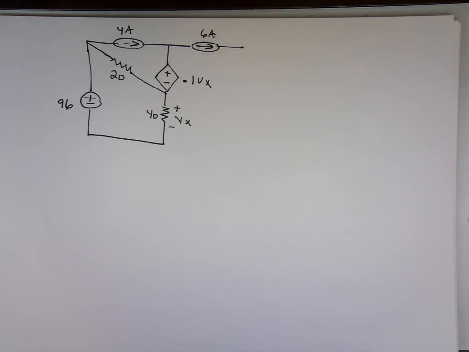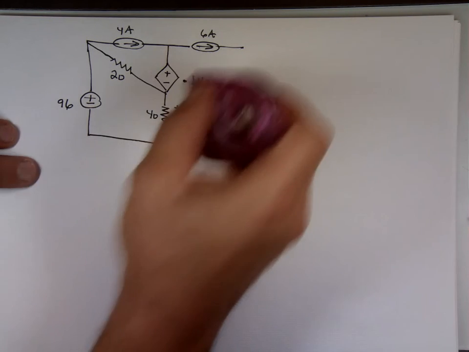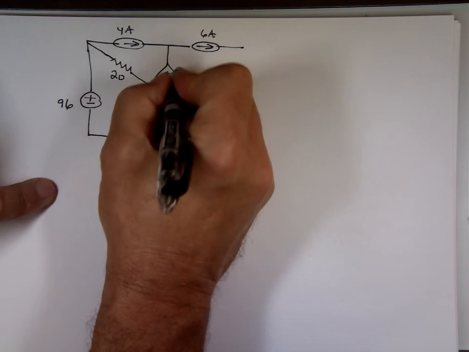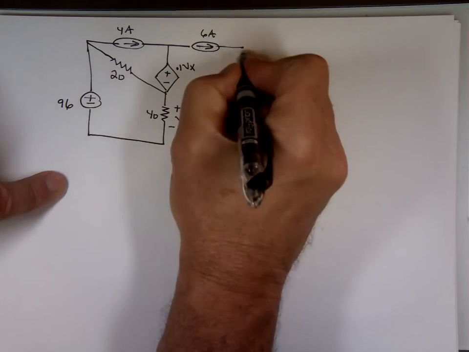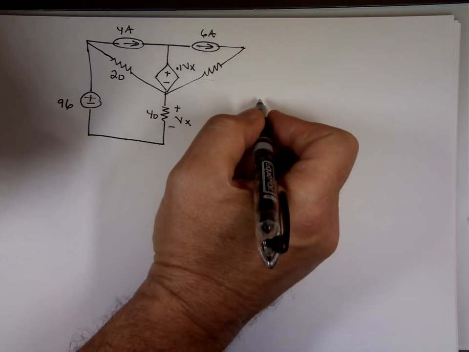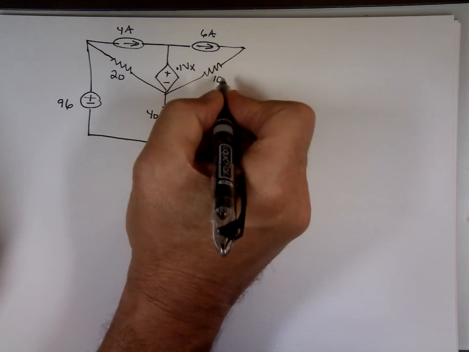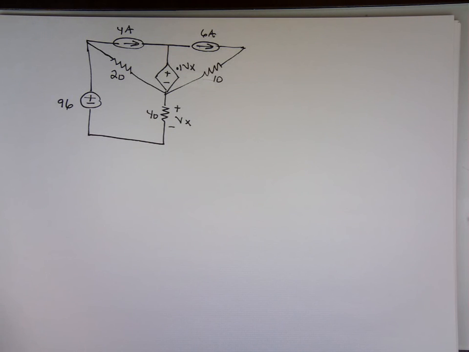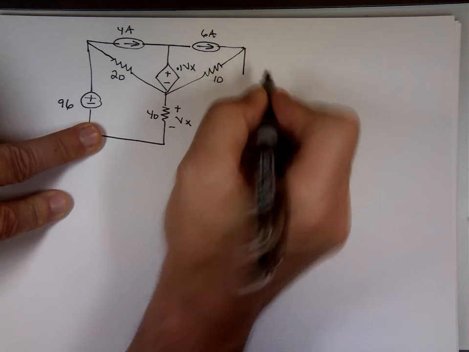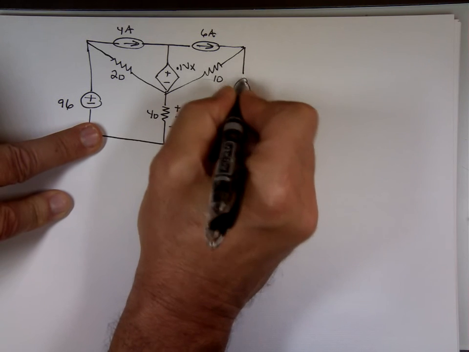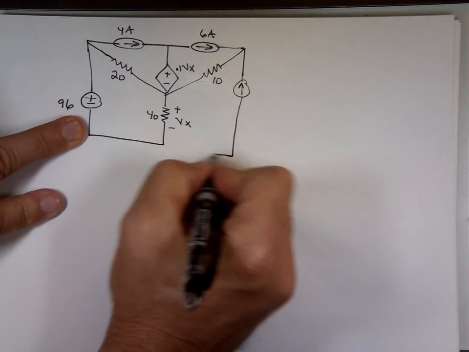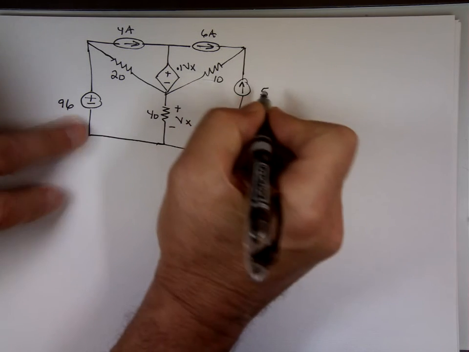It's squished in, so I have to move it a little bit. 0.1 Vx, was it? And let's say this is 10. And you asked me if there's a way mesh will be easier. Let's put a current source here, with a value of 5. Let's say the question is, find Vx.